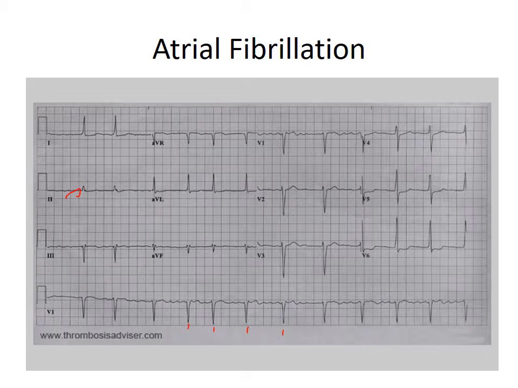All right. Now you can look at 2, 3, and AVF. Do you have any inverted T waves? No. Do you have ST elevation or ST depression? No. No ischemia, no inversion in the inferior leads, which is 2, 3, and AVF.